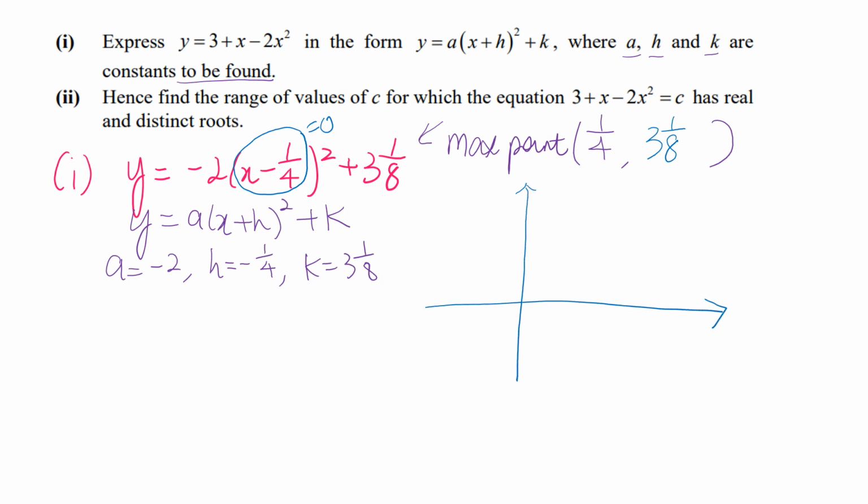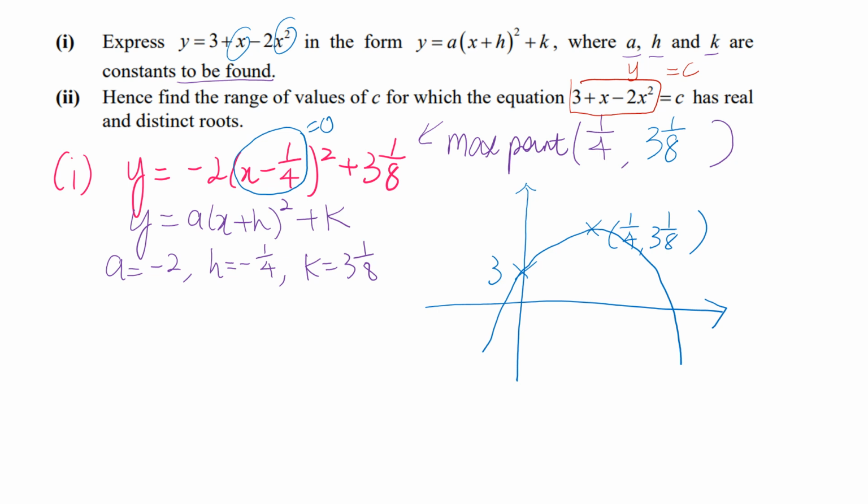The y-intercept will be at 3, because you substitute x to be 0 here. Then the maximum point is (1/4, 3 1/8). So this is how your curve looks like. Okay, right. So what we are saying is that we have a line, y equals c. It's a horizontal line.